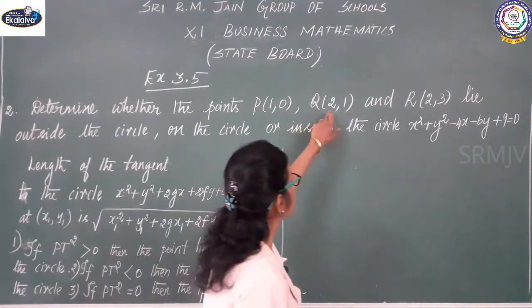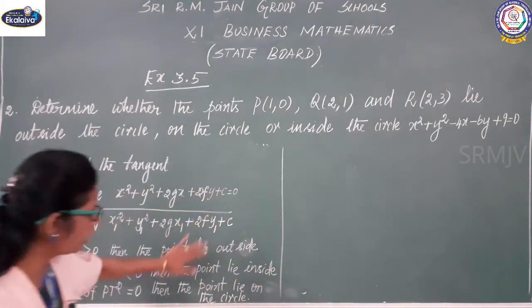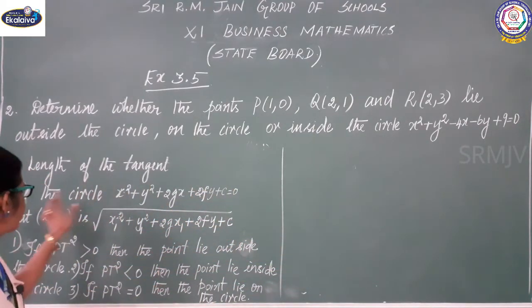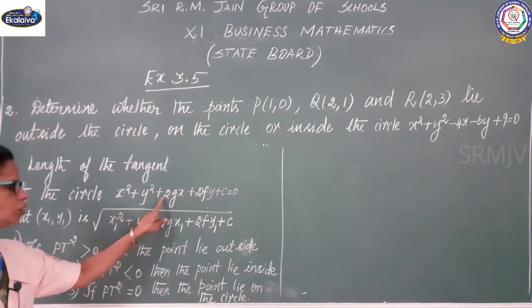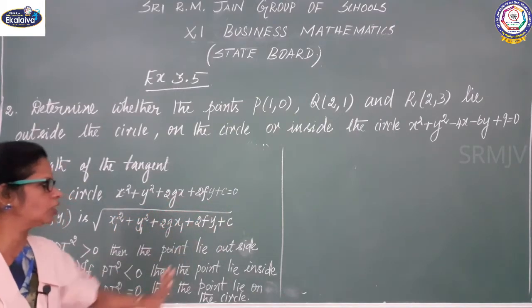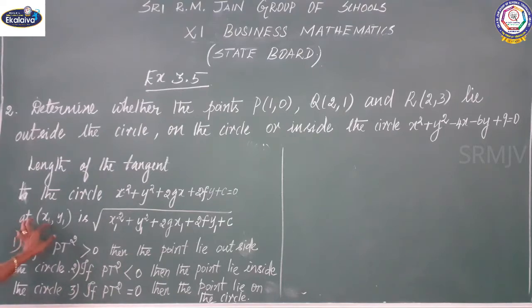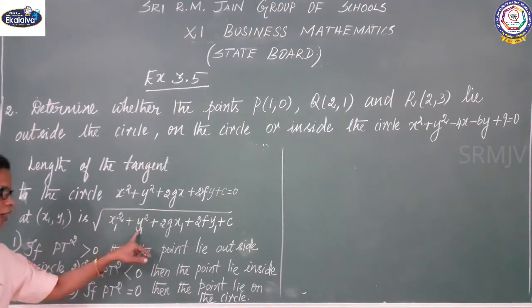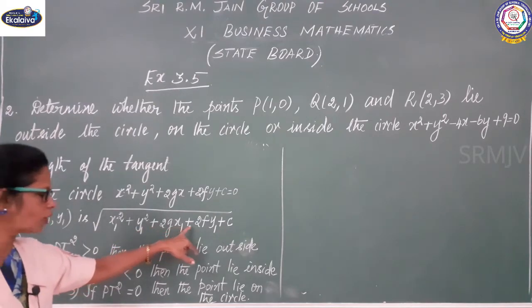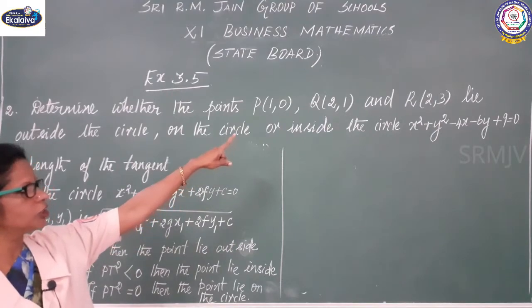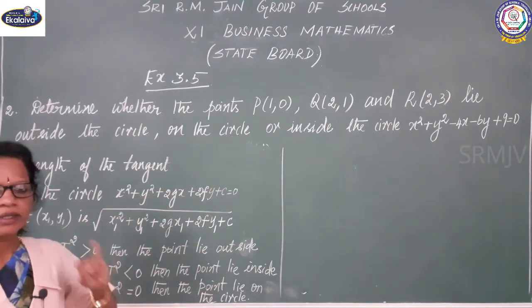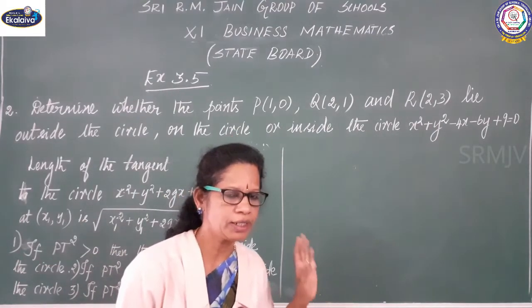Second one, Q of 2 comma 1, the same format, right. Length of the tangent to the circle x square plus y square plus 2gx plus 2fy plus c equal to 0 at x1 comma y1 is square root of x1 square plus y1 square plus 2gx1 plus 2fy1 plus c, right. Here what is your point? 2 comma 1. That means x1 is 2, y1 is 1.